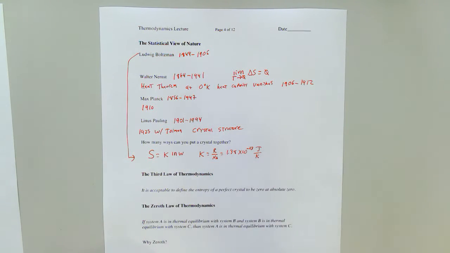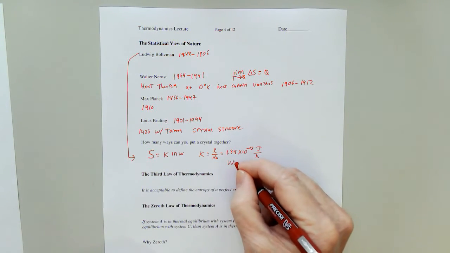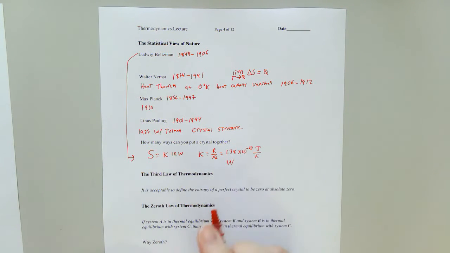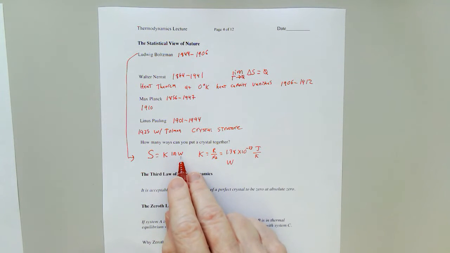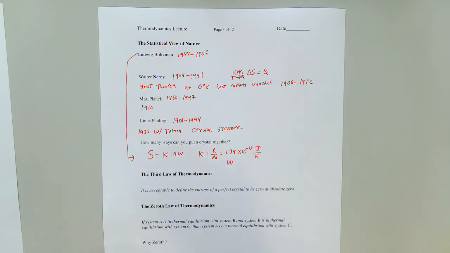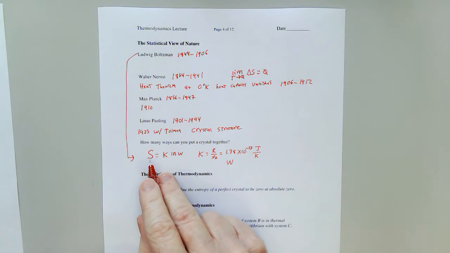Okay? Now, W is the number of ways that we can put a crystal structure together. It's a permutation. Now, if you can only assemble a crystal one way, the natural log of 1 is going to be 0, which means it basically has no entropy. But as you increase the number of ways that you can assemble the crystal, you're going to increase its entropy.